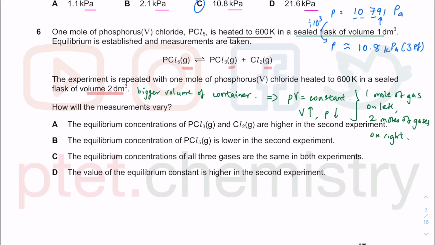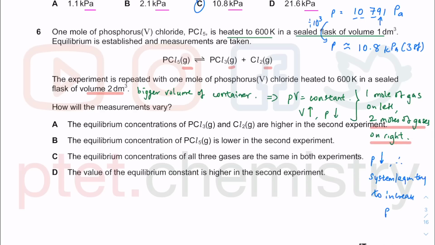So as a result of it, Le Chatelier's principle says, when I introduce a change to a system in equilibrium, the equilibrium will try to oppose the change. So when my pressure decreases, the equilibrium will try to increase pressure. When you try to increase pressure, you will shift to the side with greater molecules of gases.